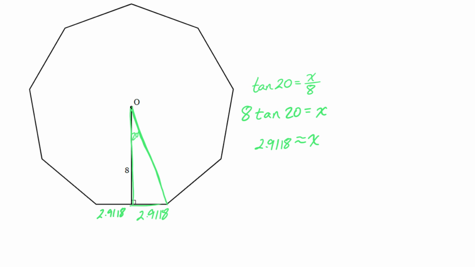So if we do that, we get 2.9118 times 2 would be the length of this side. So this side would be 8.236. And since it's a nonagon, there are going to be 9 of these sides.